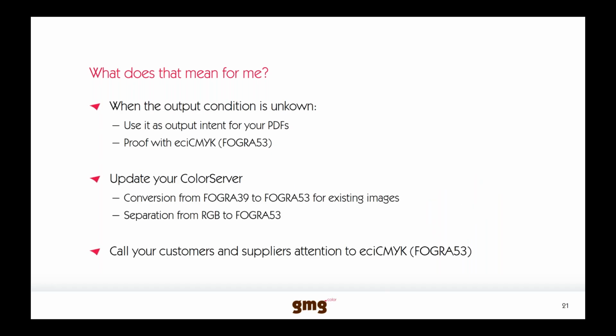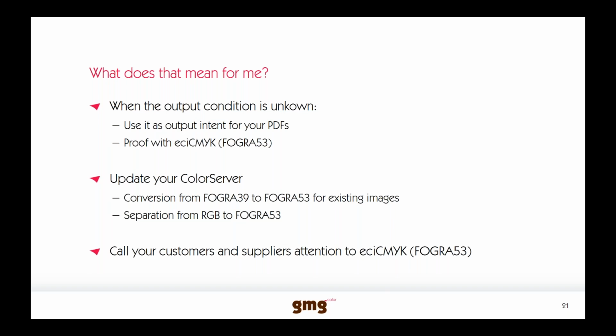So, when you're preparing print data and you don't know the output condition, you can use it, or you should use it as output intent for your PDF files. Here it is important to know that you can, or you must only use it as output intent when your images are converted to FOGRA53.